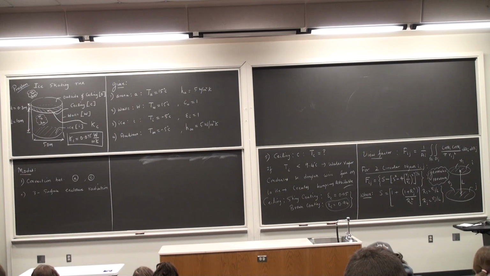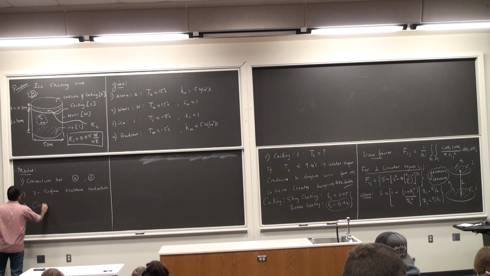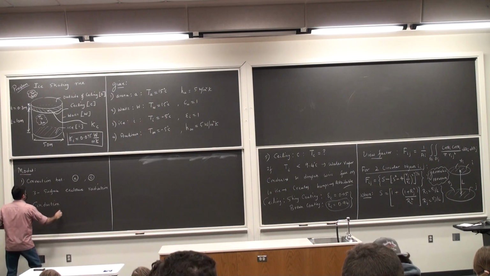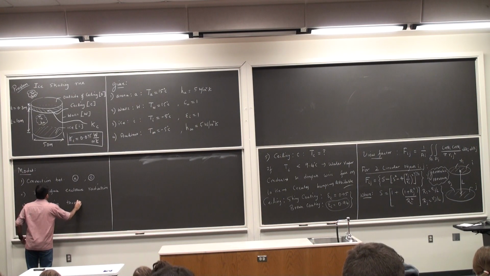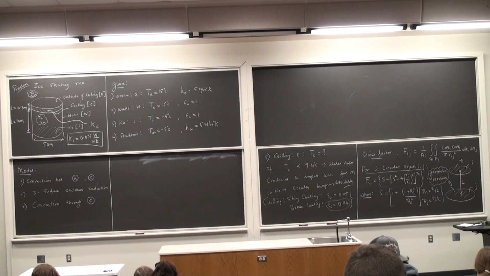Surface 1 is the wall, surface 2 is the ice, surface 3 is the bottom of the sealing, which I call C. Then I'm going to have conduction through C, through the thickness, so you're given a thermal conductivity.